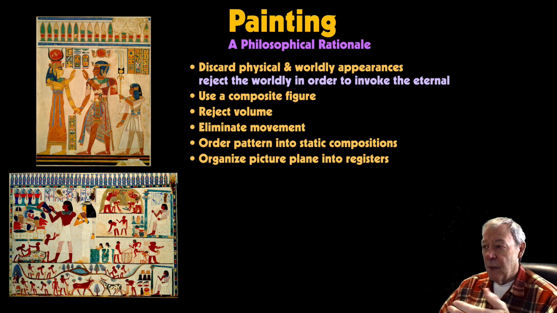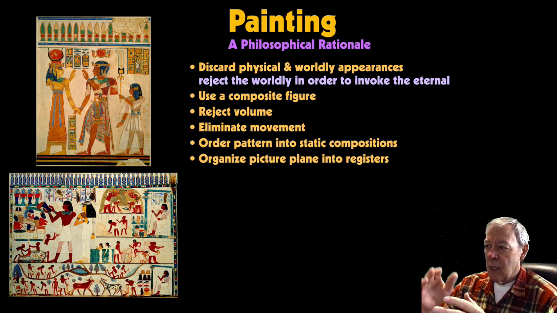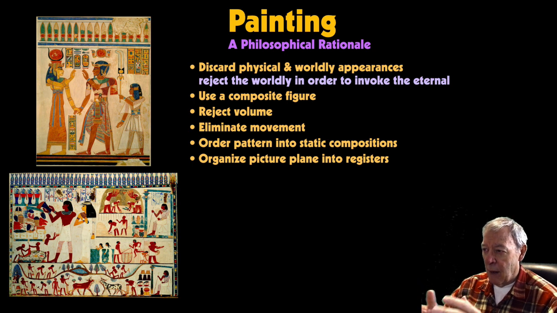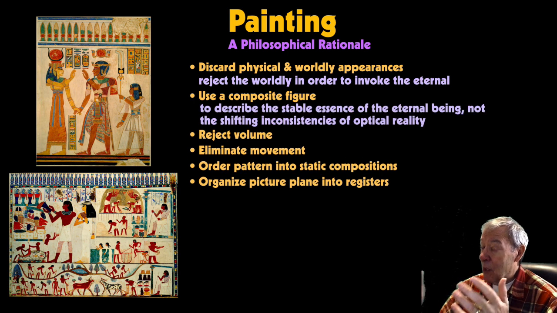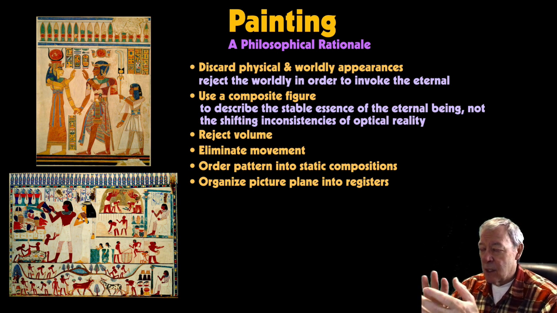Using a composite figure, again, we talked about the characteristics of a composite figure, but why did they do it? Well, again, what you're trying to do is to focus on the most characteristic, descriptive features of the standard human figure in order to describe the stable essence of the eternal being, not the shifting inconsistencies of optical reality.